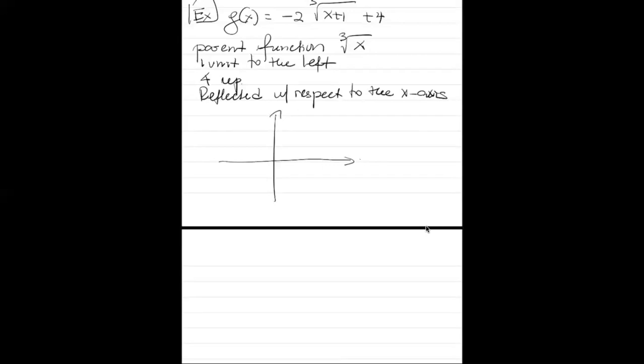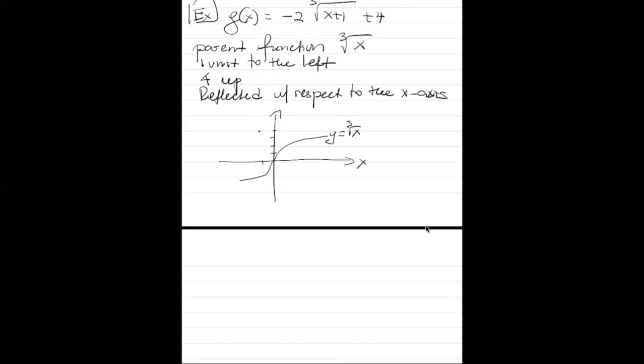So here is the parent function, cube root of x. And we're going to do 1 to the left right here and 4 up. Too far. So I'm going to choose a different scale so I can fit everything. So let's say this is 1, 2, 3, 4. So right here.